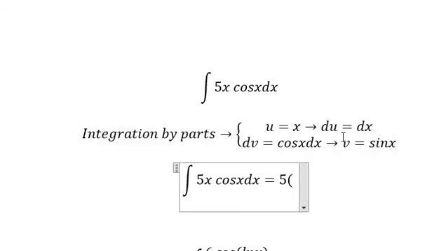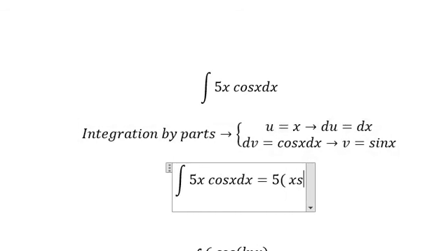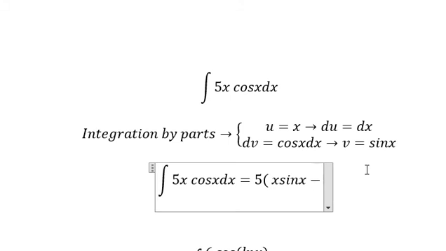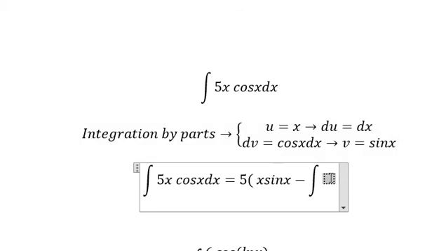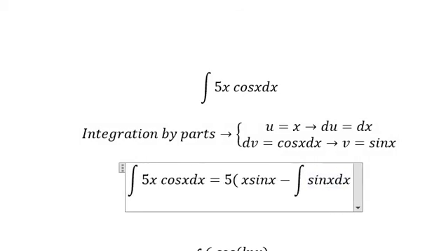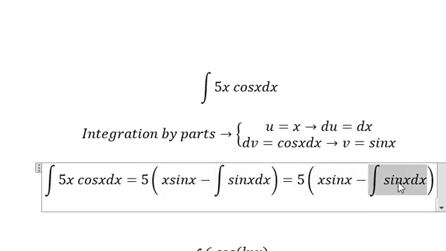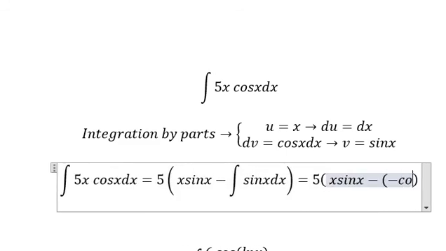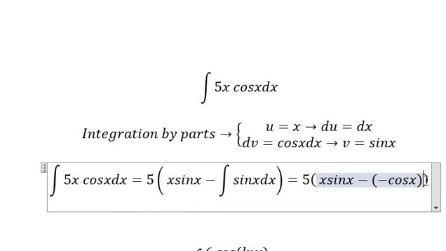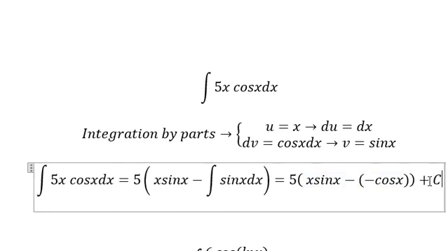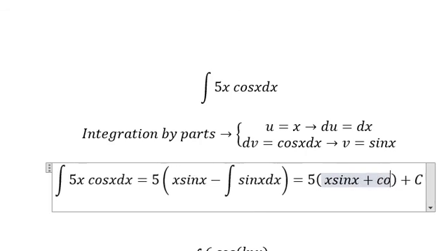So we have u multiplied by v, minus du multiplied by v, so we have the integral of sine s ds, and this one gives negative cosine s, and we put c in here. Negative with negative, you get positive cosine s.